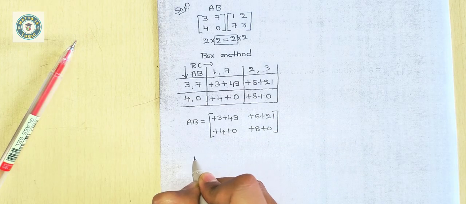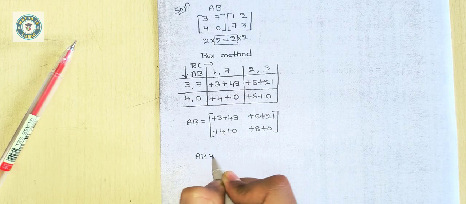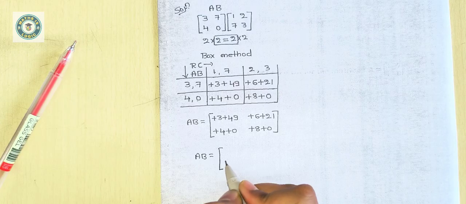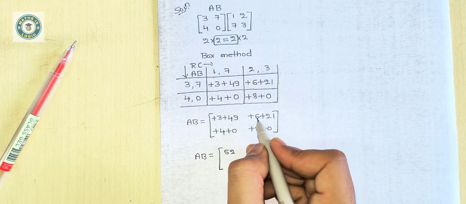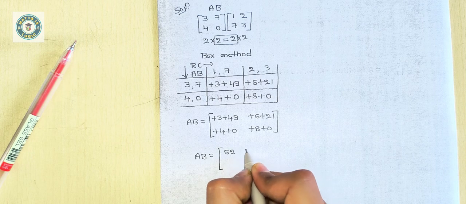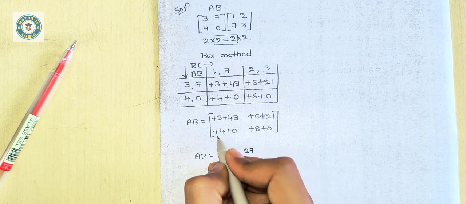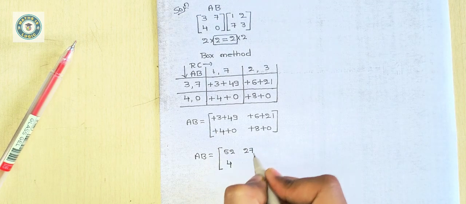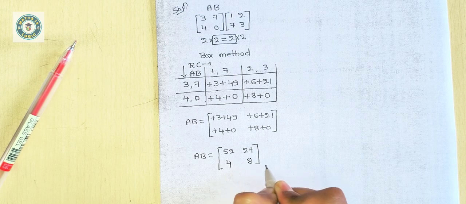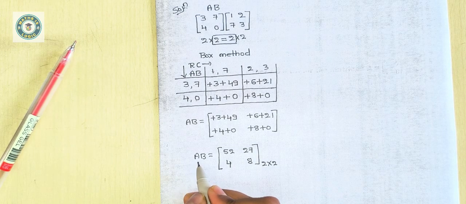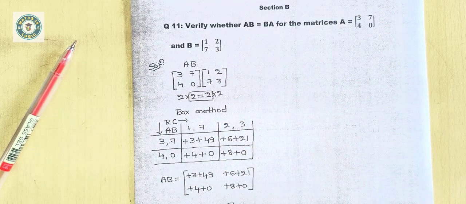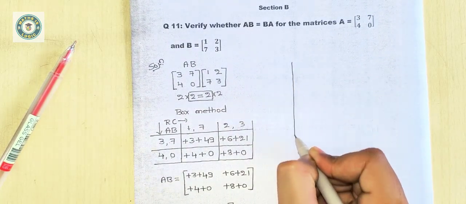Next, add the numbers. Therefore the AB value is 52, 27, 4, 8. 3 plus 49 is 52, 6 plus 21 is 27, 4 plus 0 is 4, and 8 plus 0 is 8. The order is 2 cross 2. This is the value of AB.